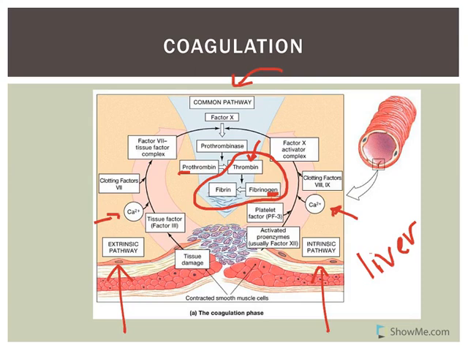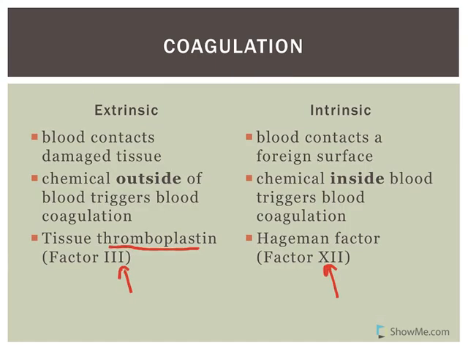So we go back here. You see the intrinsic and you see the extrinsic pathways, and here's your factor 12 right there. The big difference between the two is that in the extrinsic pathway, the initiation of clotting happens because of damage to the wall, and the chemical that initiates it is not found inside the blood.